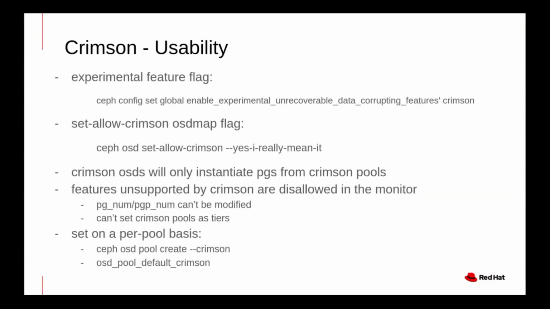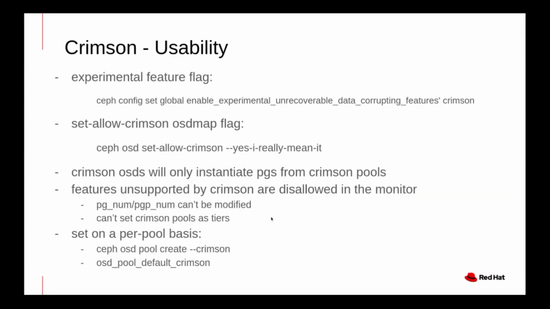The other piece is that pools will need to be created as Crimson pools. And the monitor has some code to gate some features that aren't supported in Crimson yet. For instance, you can't create Crimson erasure-coded pools, and you can't change the number of PGs on Crimson pools or set them as tiers.